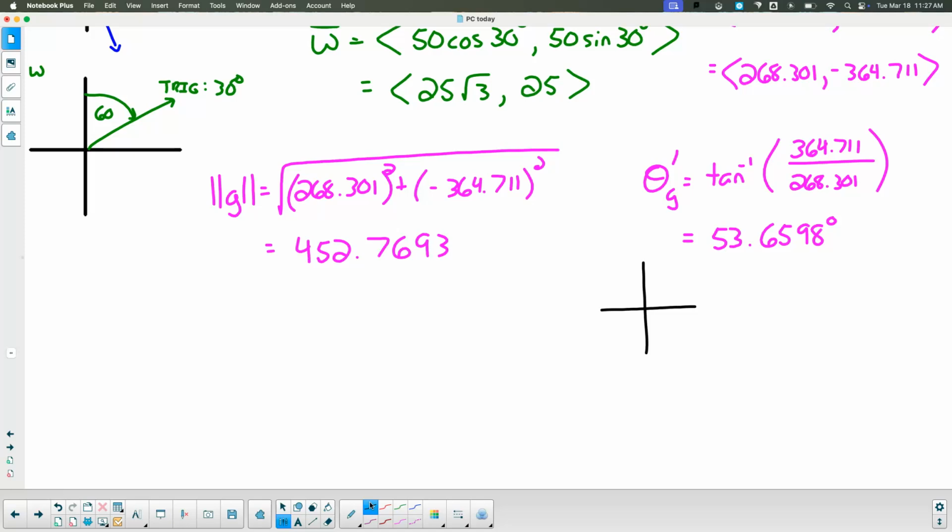My resultant vector G is in the fourth quadrant, which means this angle here is theta prime. Yes?